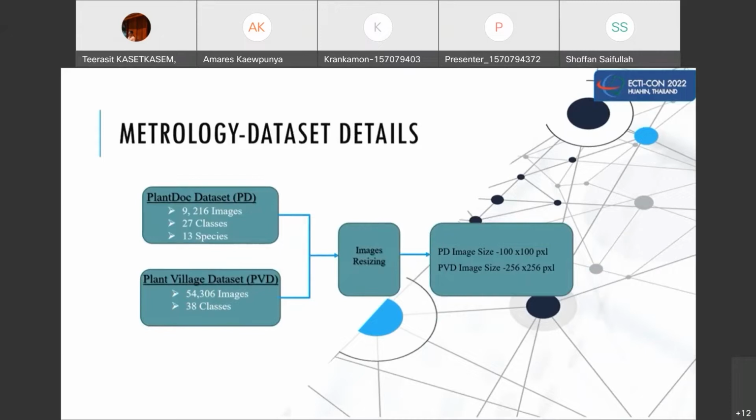While for PVD, we have 54,306 images with 38 classes. All images are resized. The PD dataset is resized to 100 by 100 pixels and the PVD is resized to 256 by 256 pixels to standardize the image sizes to ease the experiment.